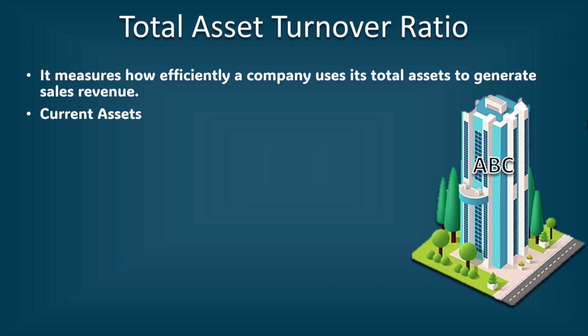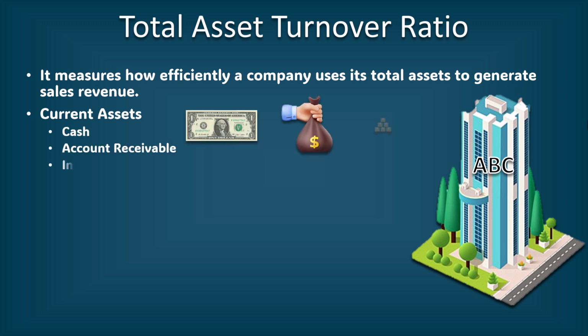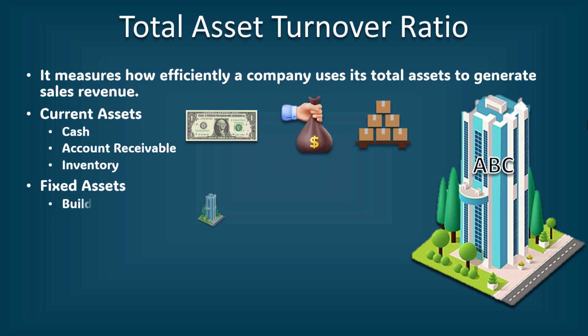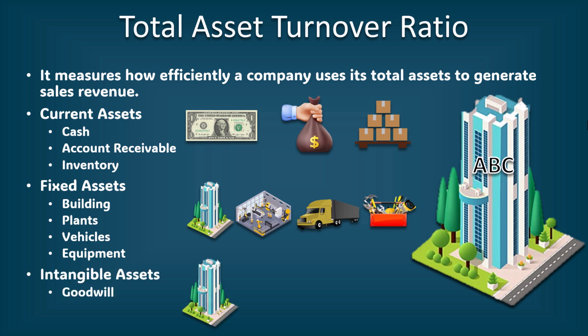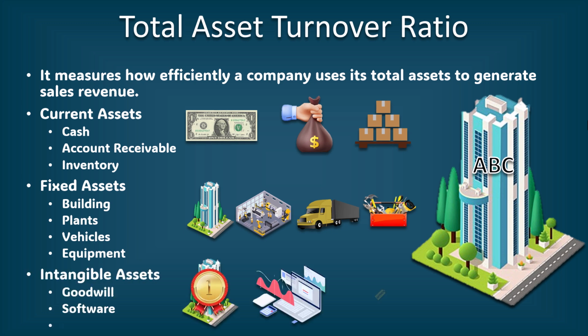This includes current assets like cash, accounts receivable, and inventory, fixed assets like buildings, plants, vehicles, and equipment, and also intangible assets like goodwill, software, and brand equity. So all these assets can be categorized into three types: current assets, fixed assets, and intangible assets. The total asset turnover ratio looks at all of them together.